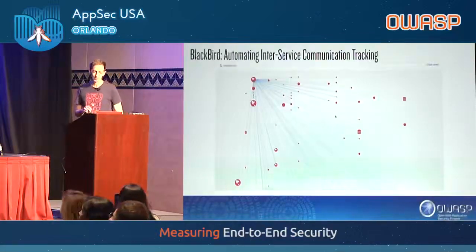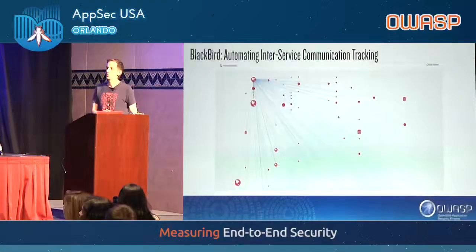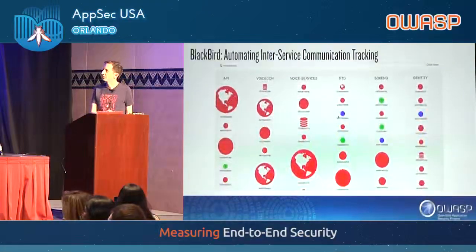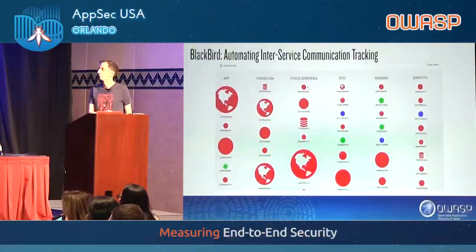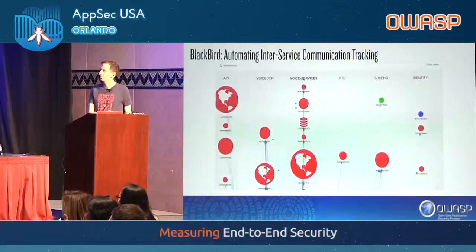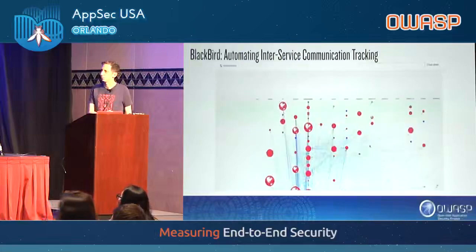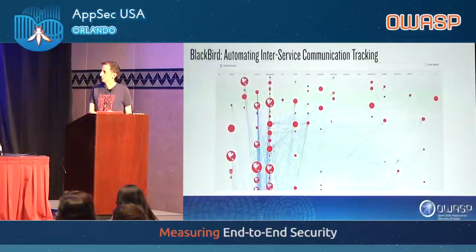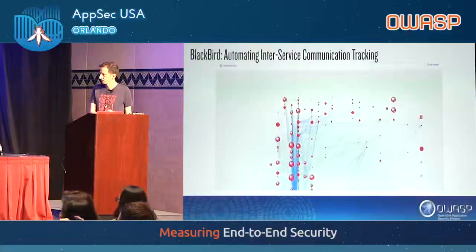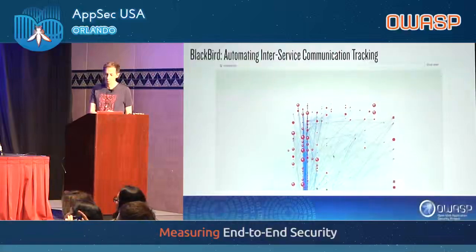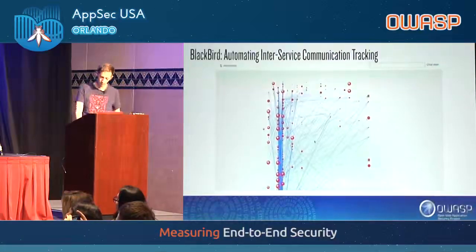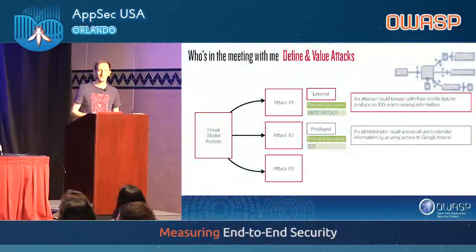And this is all a result of information we gathered with the teams during the threat modeling process. We can also pick one of the products and then just see all the services it talks to as well. So we can narrow it down by product. As you can see, we have several microservices.